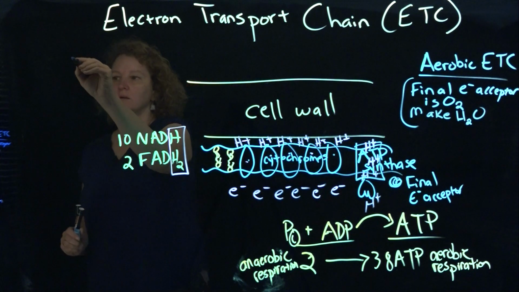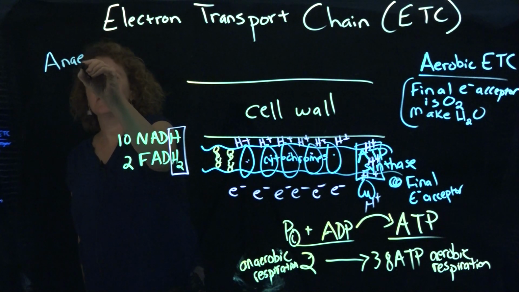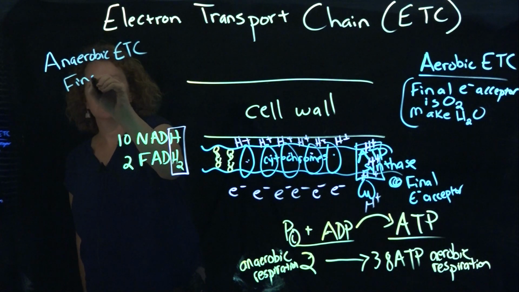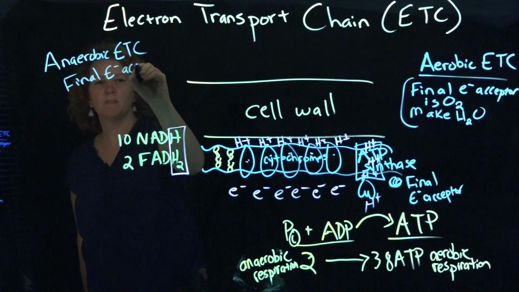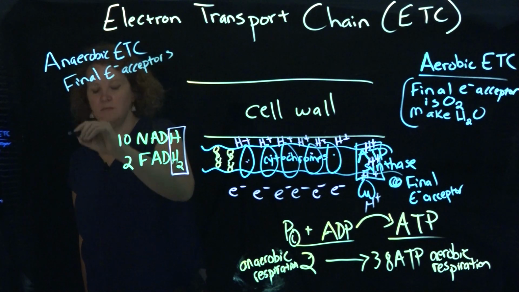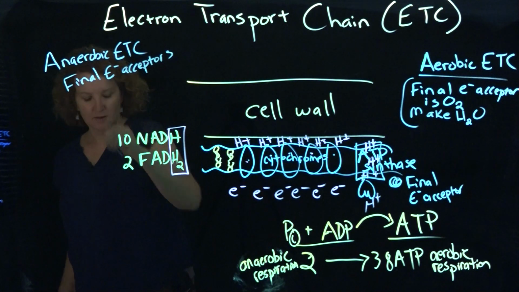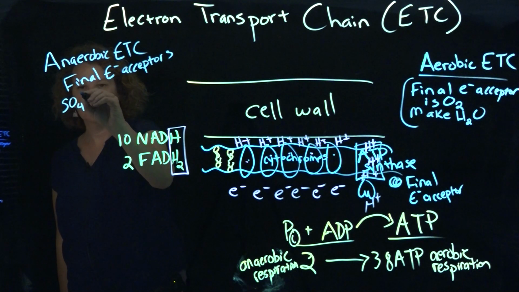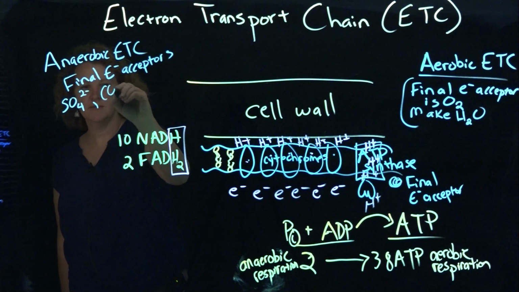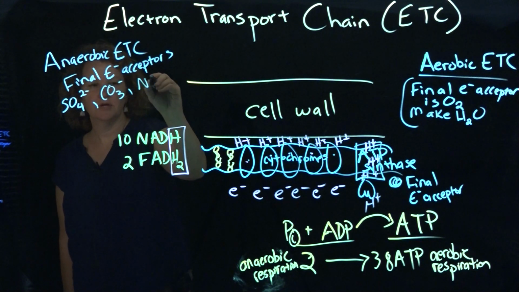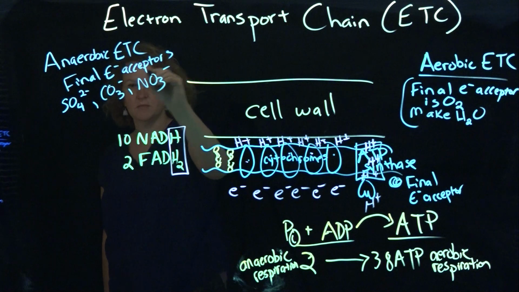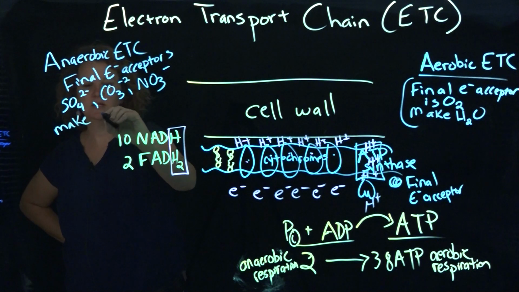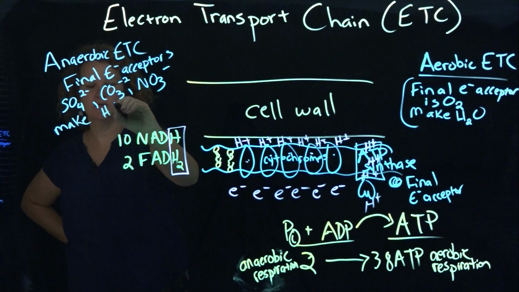In an anaerobic ETC, your final electron acceptors can vary. So it might be something like, and forgive me here, I'm not going to have all my pluses and minuses sorted out, something like sulfates, carbonate, nitrates, and they will make end products or waste products like H2S, or sometimes you'll see that written as HS.